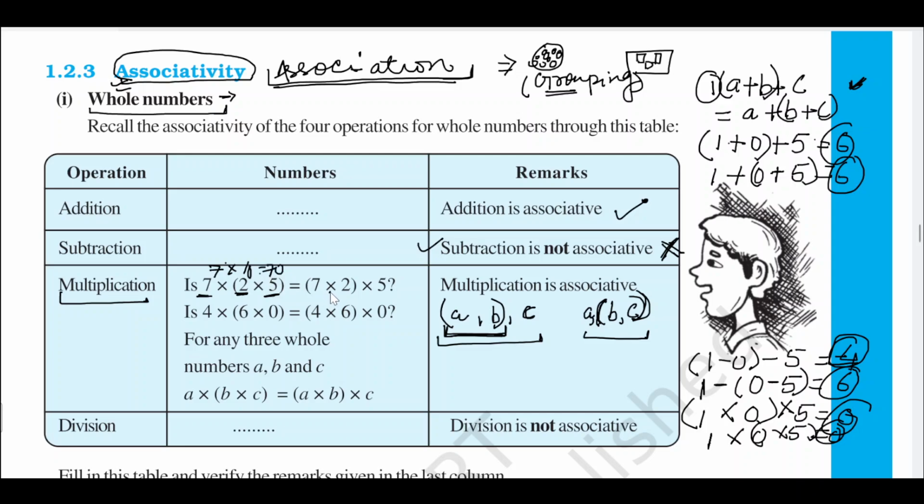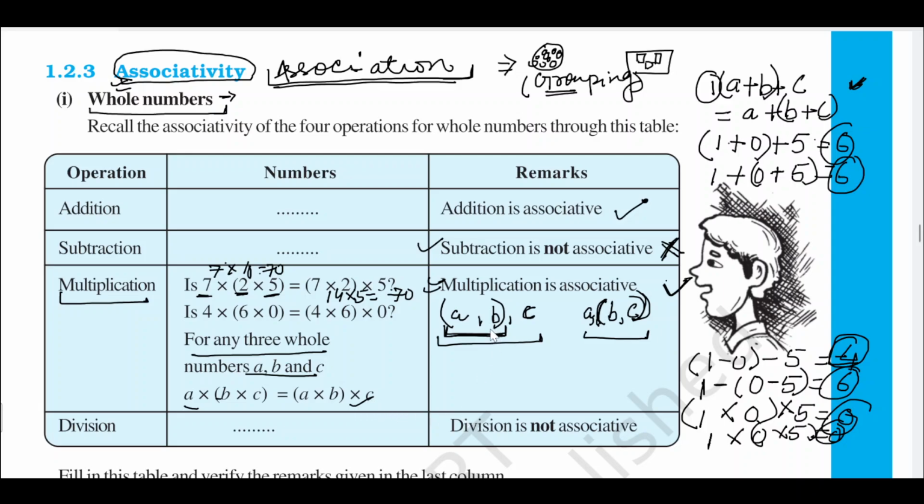And in the other case, the result is 14 into 5, that is 70. So we are getting LHS equal to RHS. So multiplication is associative for whole numbers. For any three whole numbers A, B, and C, A into (B into C) is equal to (A into B) into C.